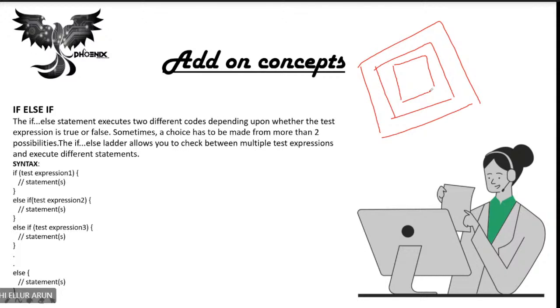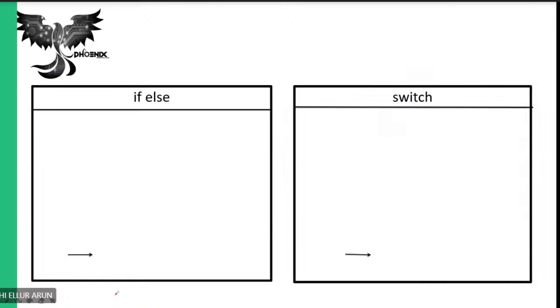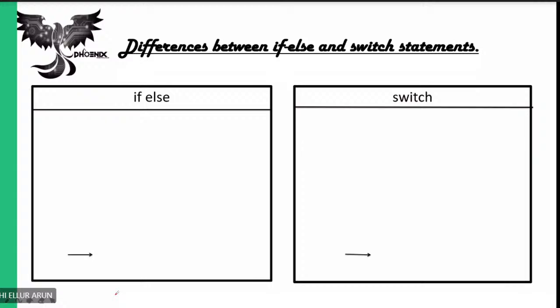But this is not the case here. You have one if else block and multiple else if conditions. Sometimes a choice has to be made from more than two possibilities, and that's exactly when you'll use the if else ladder. This is just a brief introduction. For detailed information, you can text me.